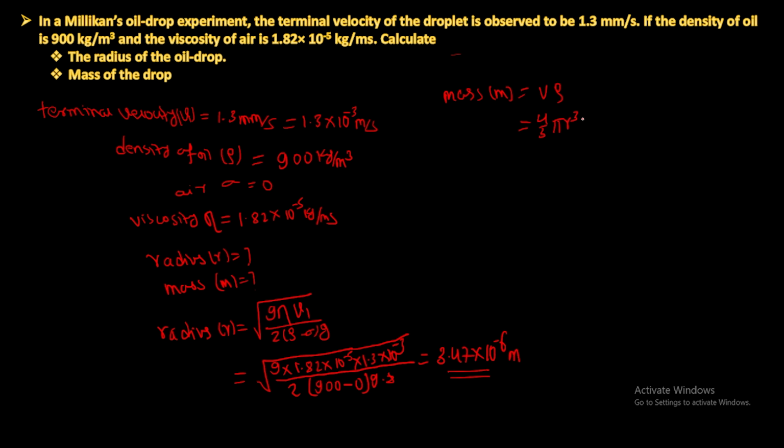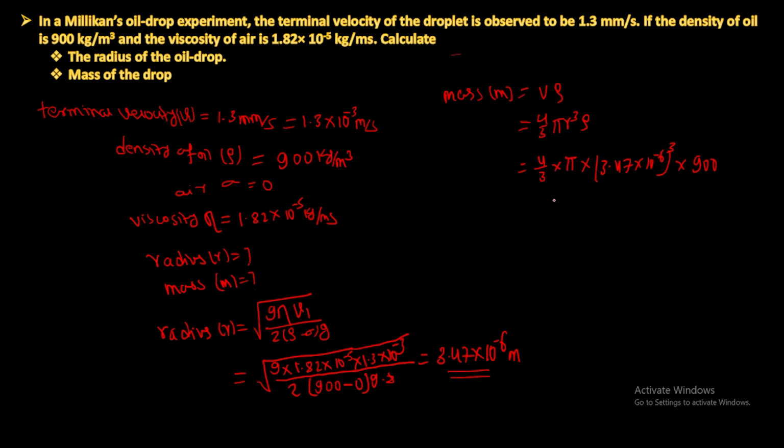This is the volume, and rho is the density of the given oil drop. 4/3 into pi means 22/7 into r, and the radius we already got here, 3.47 into 10 to the power minus 6 whole cube, into 900.